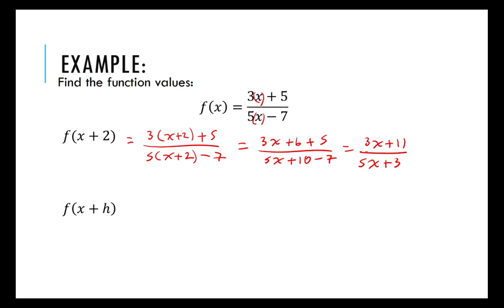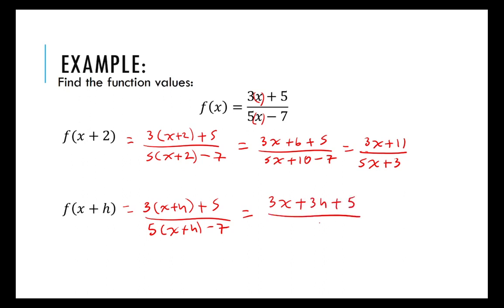F of x plus h, same thing. 3 times x plus h plus 5 divided by 5 times x plus h minus 7. Distribute the 3. 3x plus 3h plus 5 divided by 5x plus 5h minus 7. And we're done.